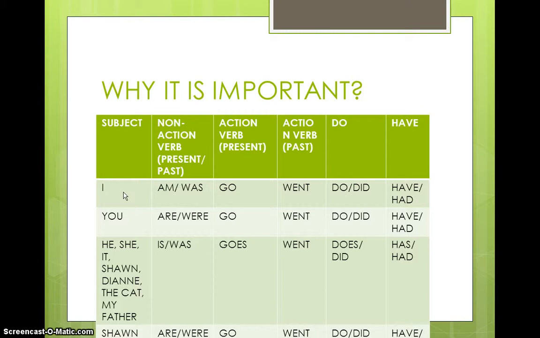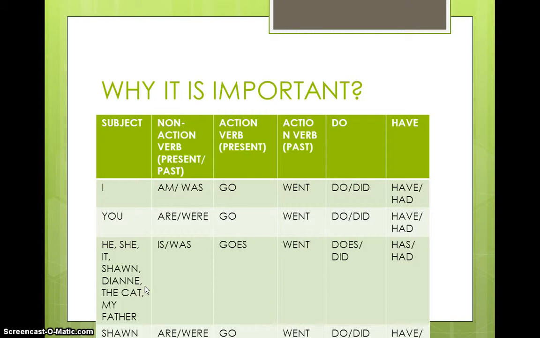Now we go to he, she, it, Sean, Diane, the cat, my father, for example. So it refers to the third person, yeah? So let's say he or she or it, or any names that you give to show only one person involved, we use is as non-action verb, for present tense.